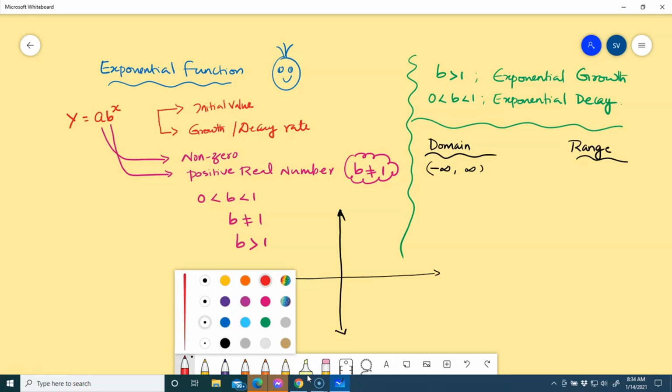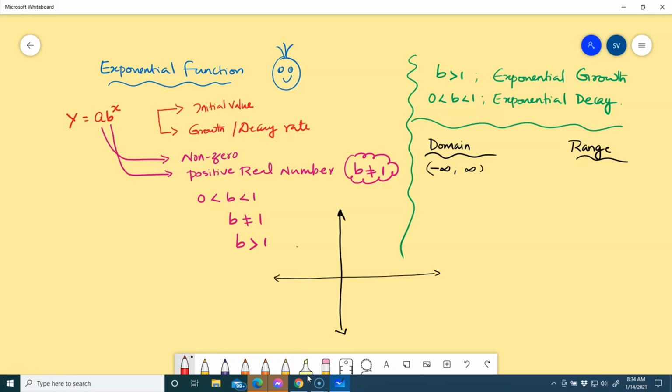The graph of an exponential function behaves like this. This point is very important: the graph of an exponential function in the form y = ab^x will always pass through this point, (0, 1).